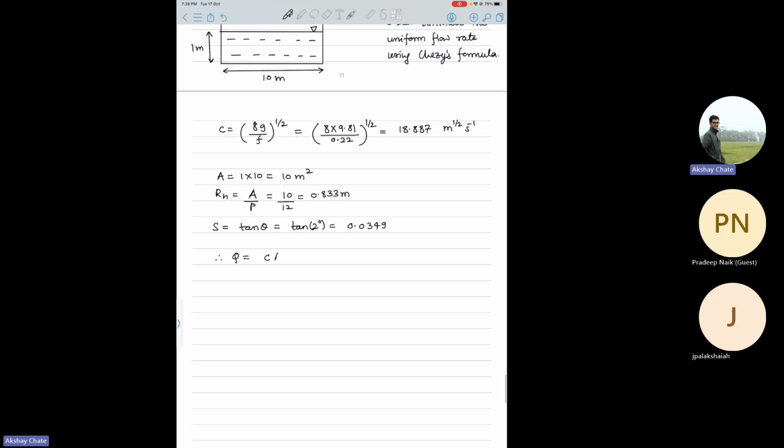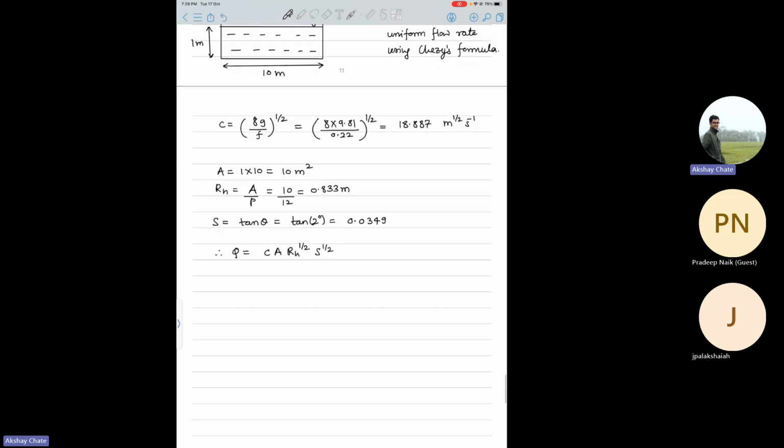Now you can use the Chezy formula to calculate. So you have some constant, area, hydraulic radius raised to half, and slope raised to half. So you can put all these values: 18.887, area is 10, 0.833 square root, 0.035 square root.